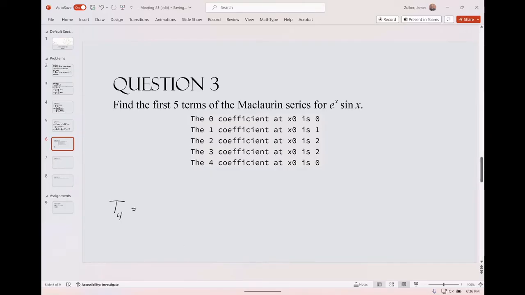We're looking for the fourth degree Taylor polynomial. First coefficient is 0, right? So 0x to the 0 plus 1x to the first, 2x squared, 2x cubed, and 0x to the fourth. No, that's not right.